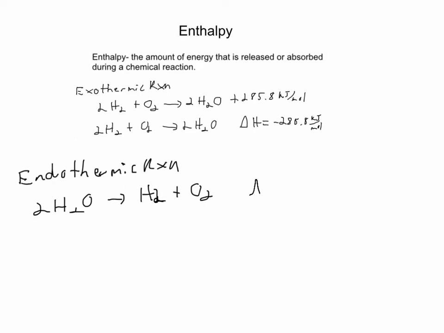And now delta H equals positive 285.8 kilojoules per mole. So when we do a reverse reaction, notice that the energy value is the same, but we have the opposite sign. Now this is endothermic, so it's positive. It absorbs 285.8 kilojoules per mole.